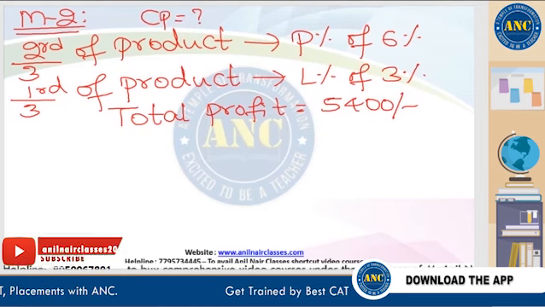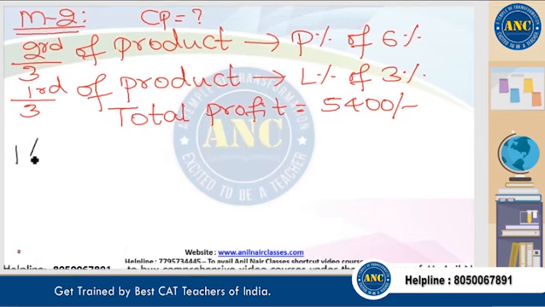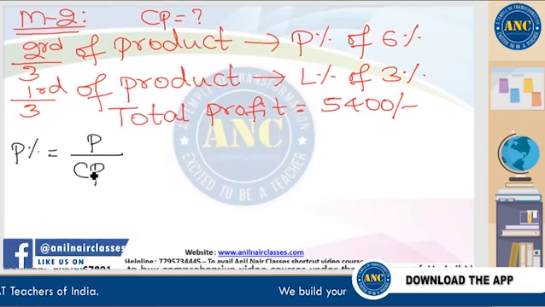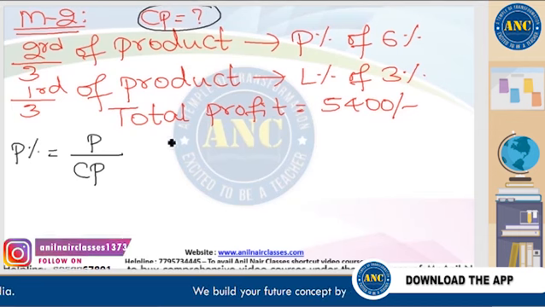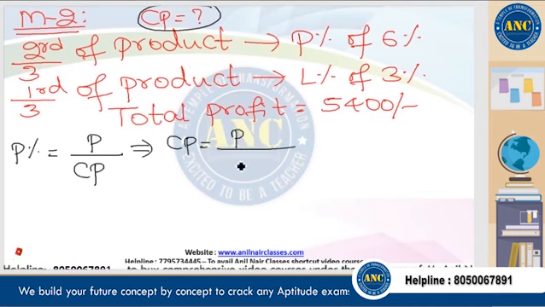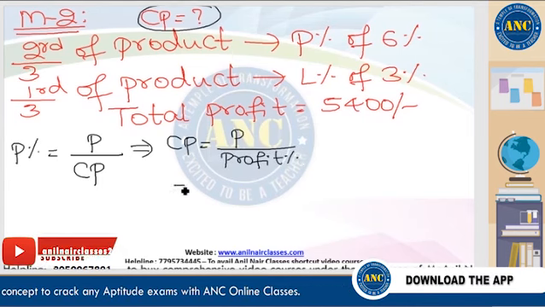Everyone listen to method 2. I know that profit percentage definition is how much profit I am getting with respect to cost price. Now they are asking you cost price in this question. So cost price will be equal to profit divided by profit percentage.